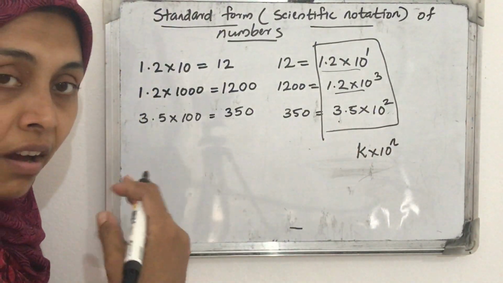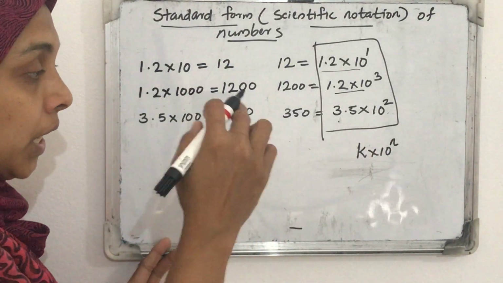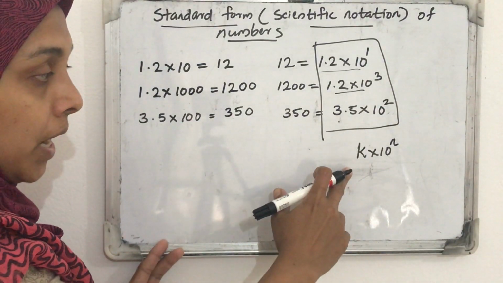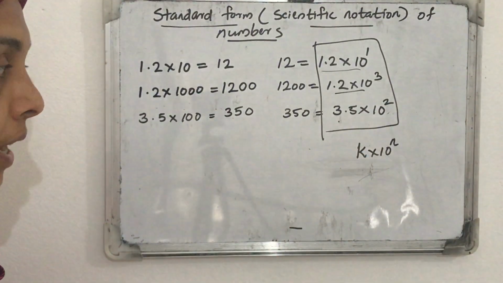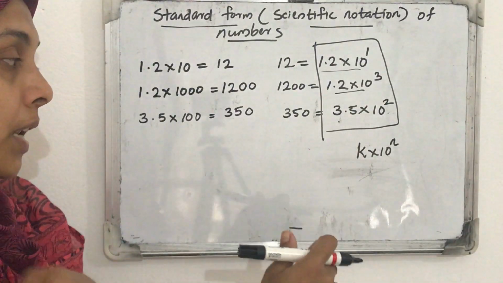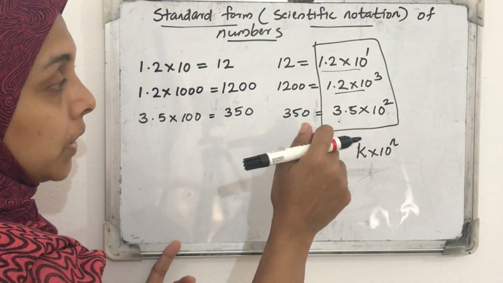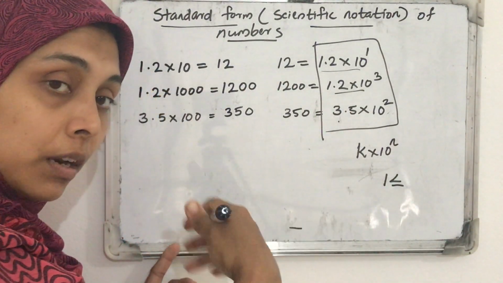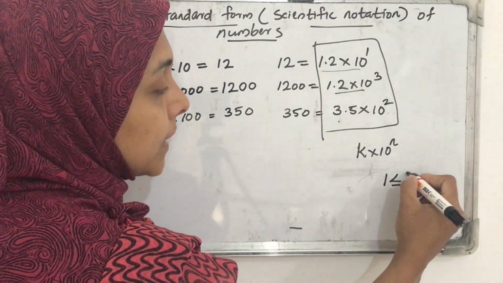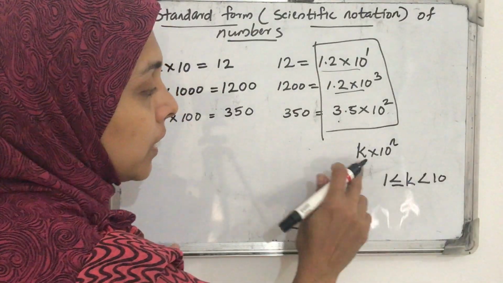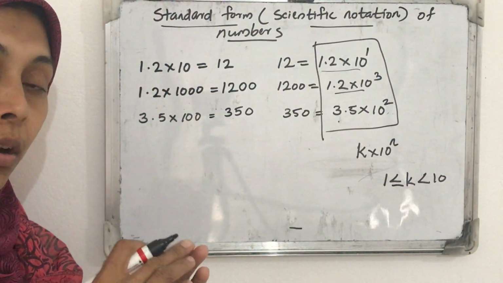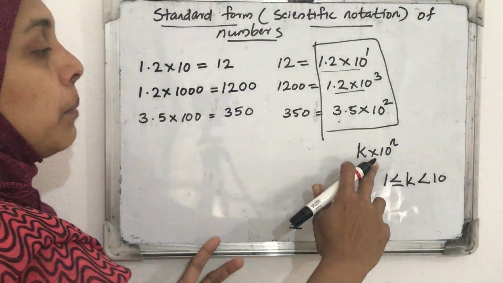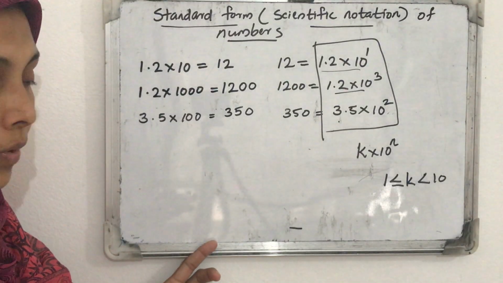When we write any large number or very small number, if we express it in the form k into 10 raised to n, that is the general form, and it is called scientific notation, where k is a number greater than or equal to 1 and less than 10, and n can be any integer.